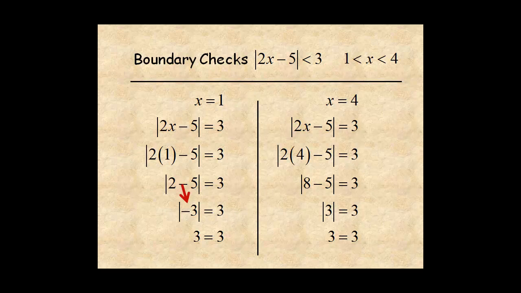Since the absolute value of negative 3 is positive 3, the left boundary checks. On the right, substitute x equals 4 for the absolute value of 8 minus 5, which is 3. Since the absolute value of 3 is positive 3, the right boundary checks.